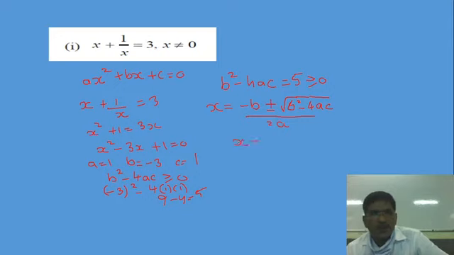I have to write 5 directly here. So x is equal to the value of b, that is minus 3, plus minus root 5, upon 2 into a, that is 1. So x is equal to minus minus plus, so 3 plus root 5 by 2, and x is equal to 3 minus root 5 by 2.